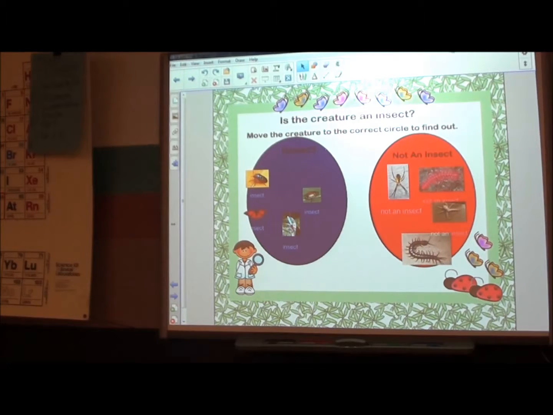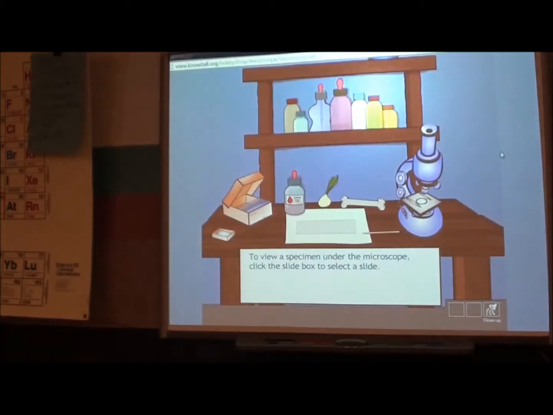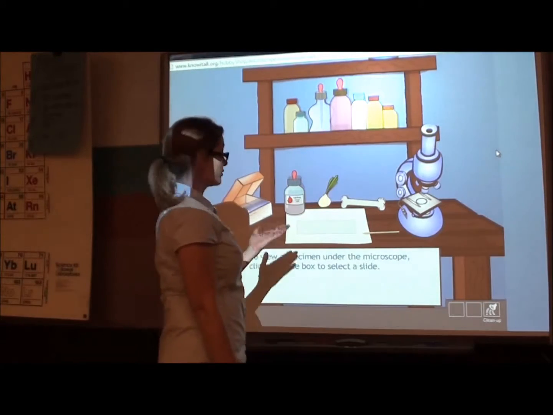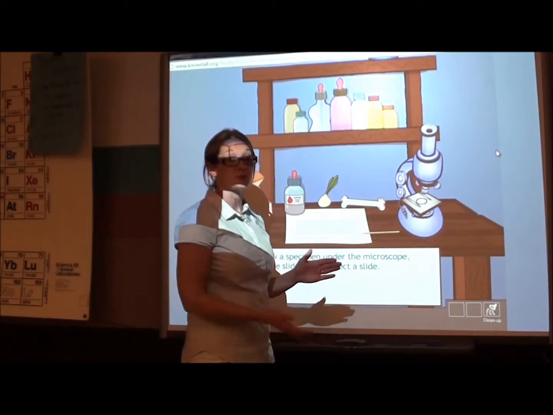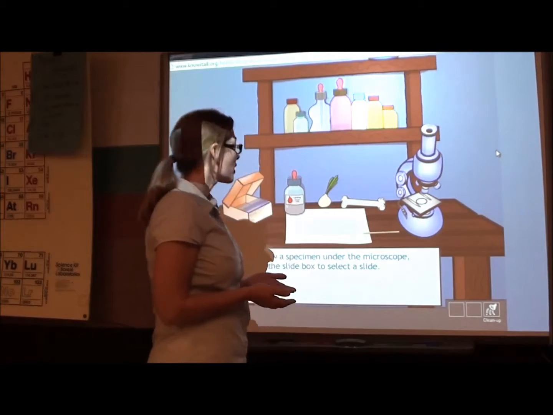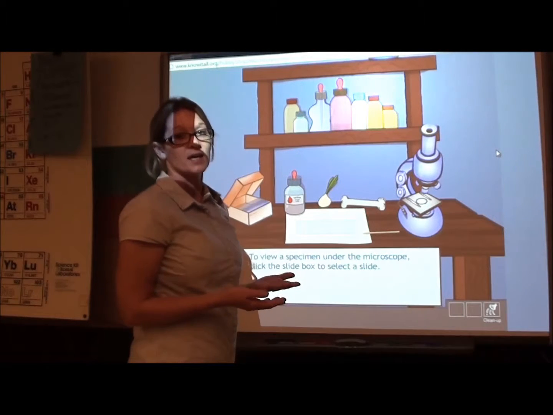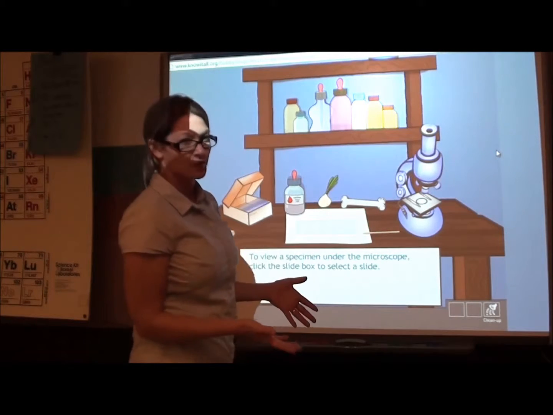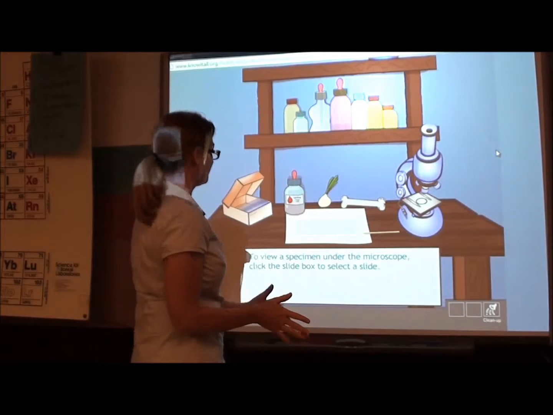So I would have them do this activity using a microscope. So this will teach them a little bit of how to use the microscope, and they can get a better understanding of how to properly use it.